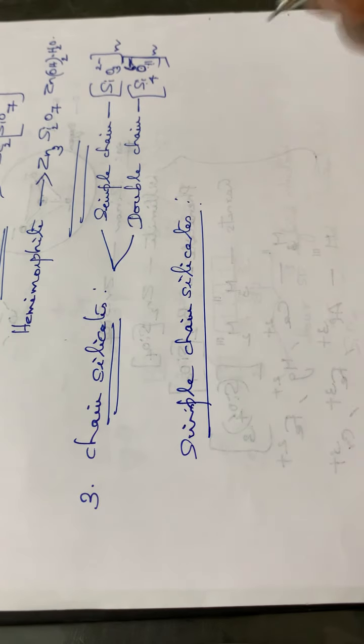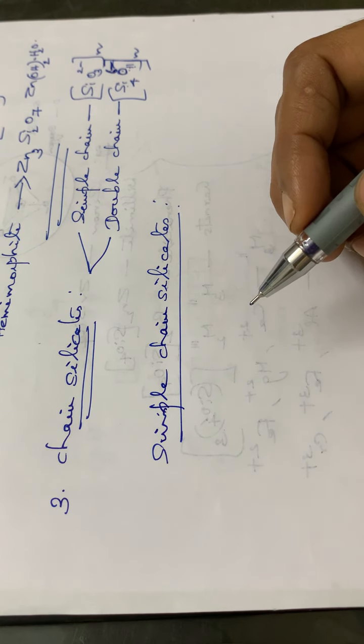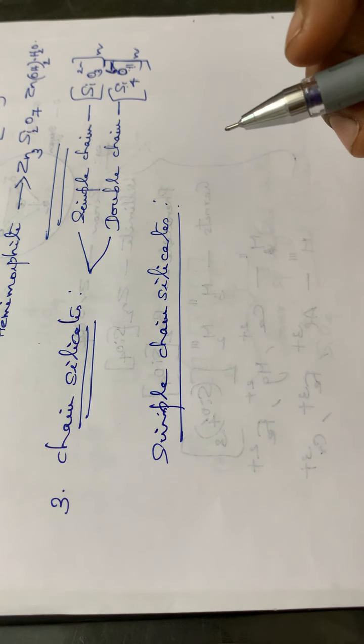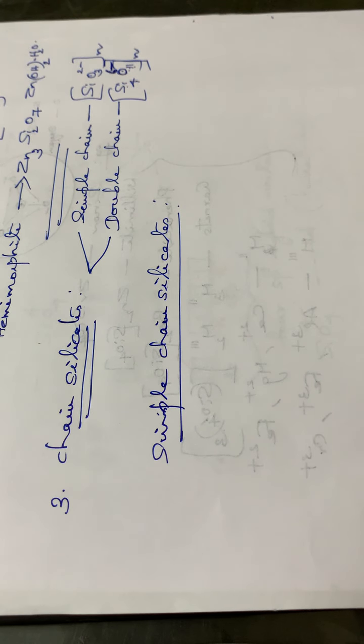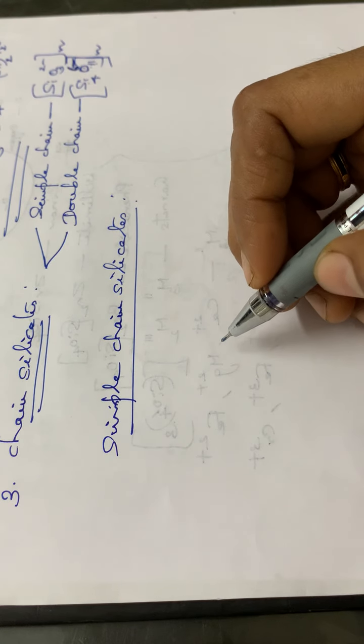Simple chain silicates means the corners of each silicate tetrahedron are shared by oxygen atoms. We can also draw this simple chain silicate like that.